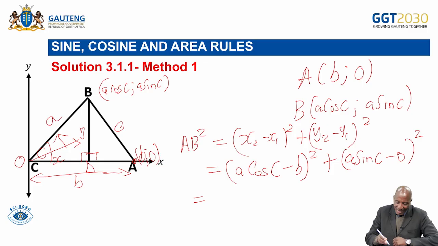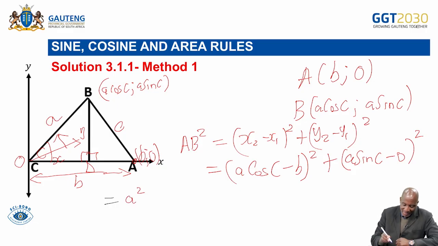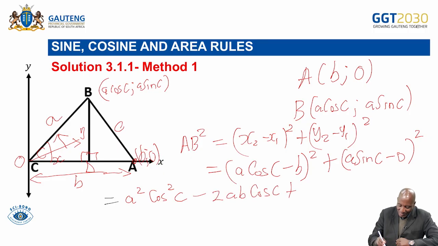Let us expand. I'm getting here a squared cos squared c, then minus the product of these two, which is 2ab cos c, plus b squared.